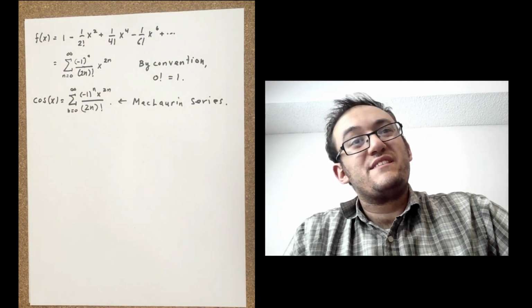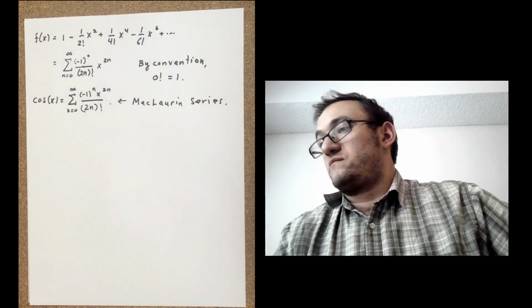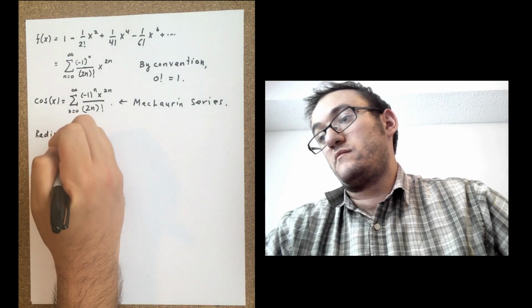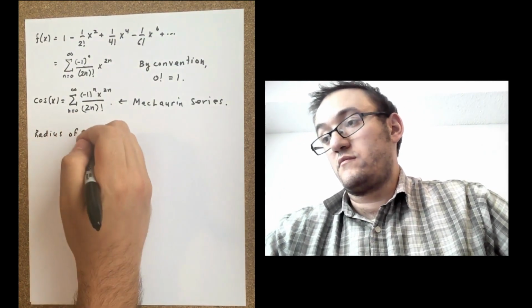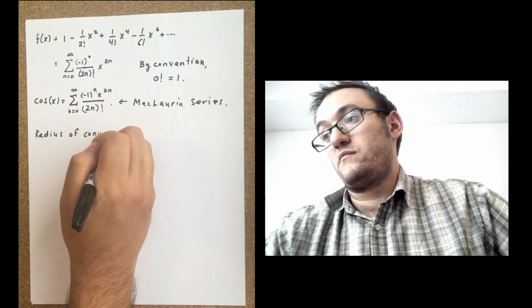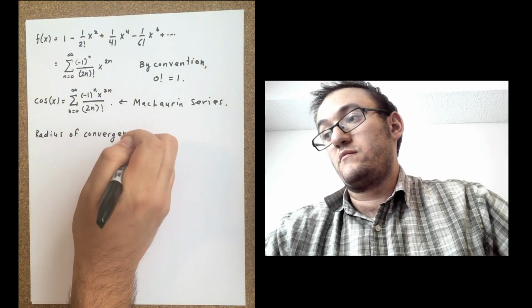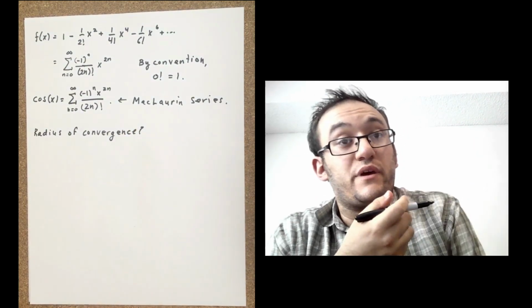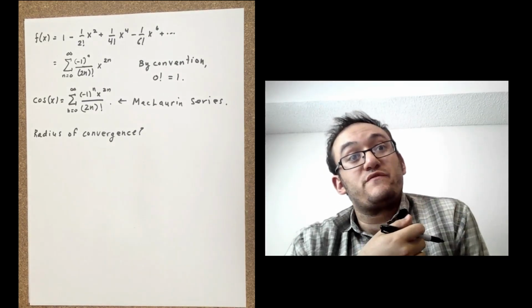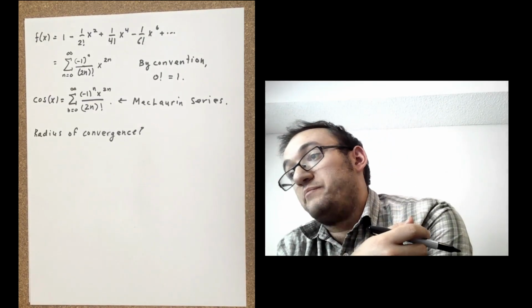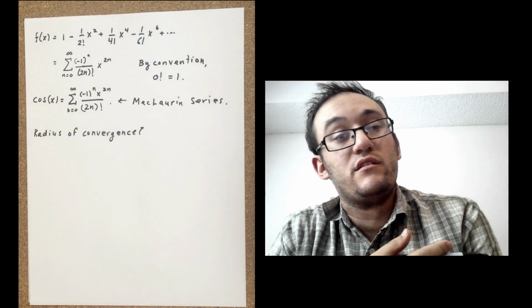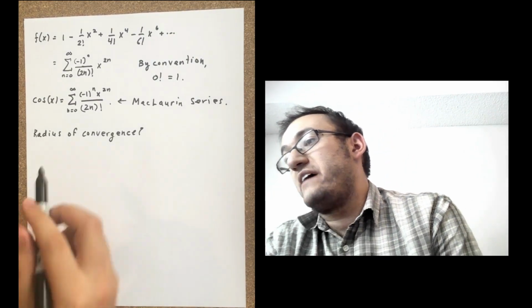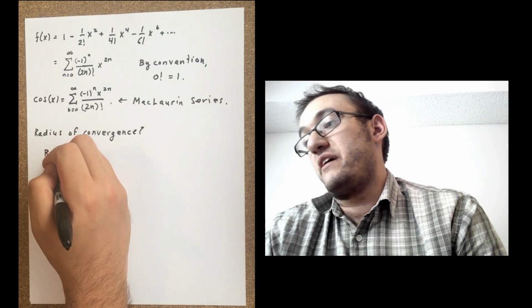What's the radius of convergence of this series? Well, in general, when we're doing a radius of convergence computation for a power series, we will use either the root test or the ratio test. Since we have factorials in here, we should apply the ratio test.